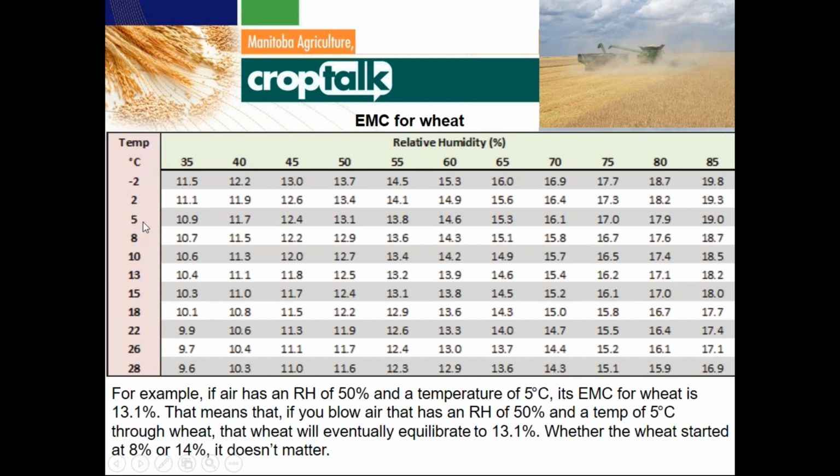So let's just say that the temperature outside is 5, the relative humidity is 50. If you go across, eventually that bin will come to equilibrium at 13.1 moisture.